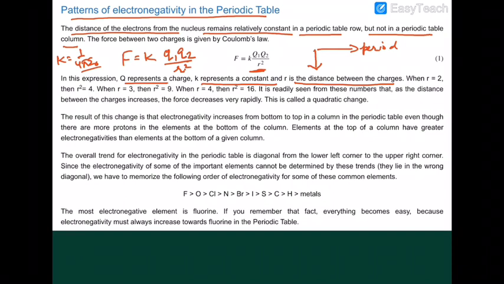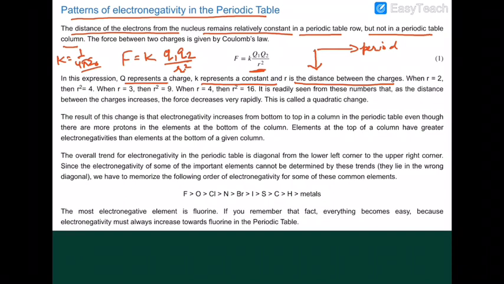So distance plays a very important role. Are you getting that or not? If the distance becomes 4 times the first case, the force will be 1 by 16th of the first case. So the increase in size is somewhat less, but the decrease in force is comparatively much more.